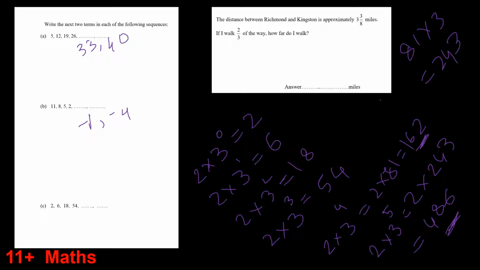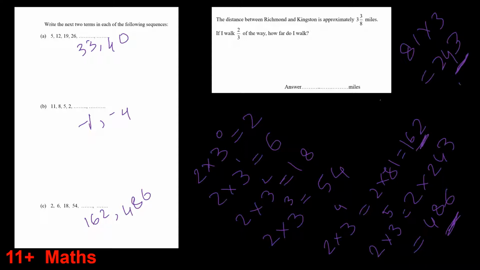Let's check again: 81 times 3 is 243. Yes, so it is 243 times 2, and we get 486. So the next two numbers are 162 and 486. These are the next two numbers in the series.